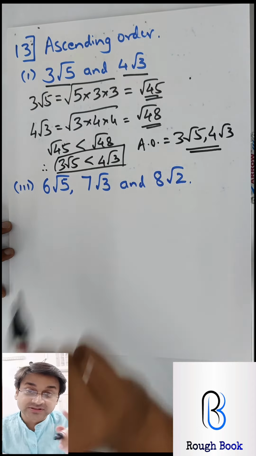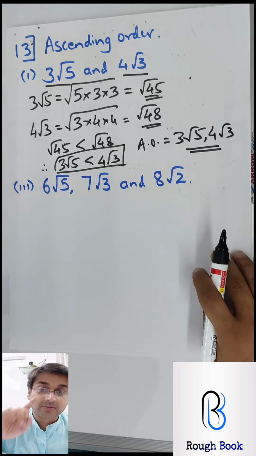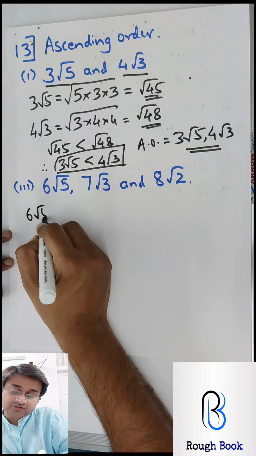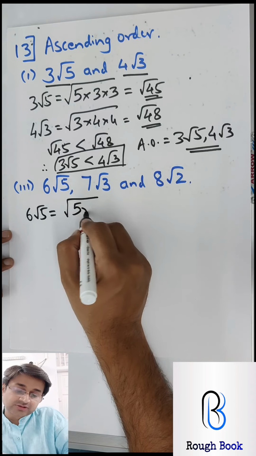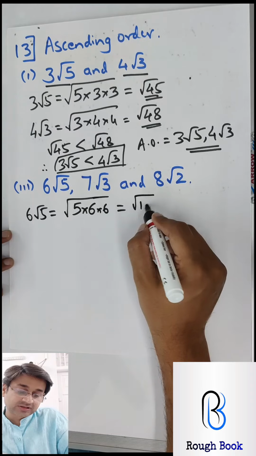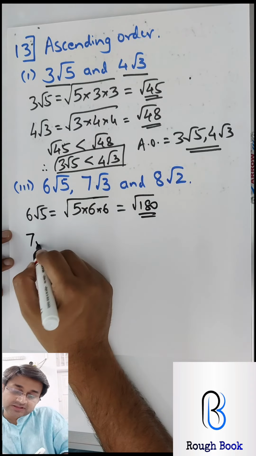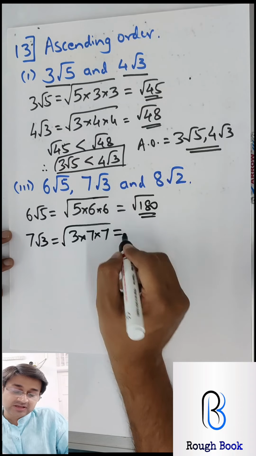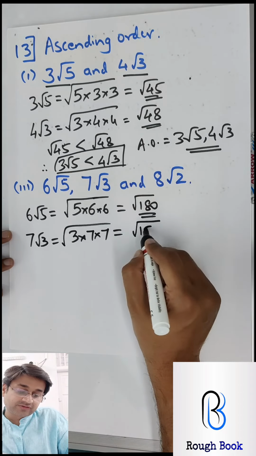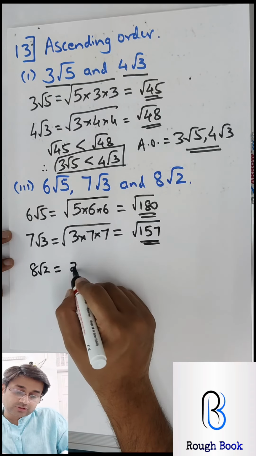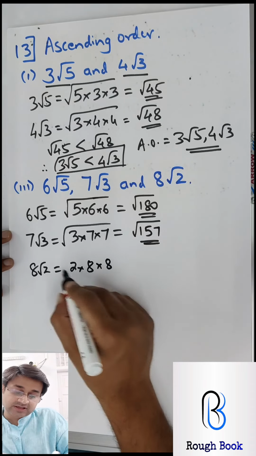Easy? Pause. Try this third one. Come back. Rejoice if you get it correct. Come on, try it. So 6 root 5: 6 will come inside, so twice. 6 sixes are 36, 5 thirty-sixes are 180. So root 180. 7 root 3: 7 also will be written twice. So 49 into 3 is 147. And the last one, 8 root 2: 8 will be written twice again.